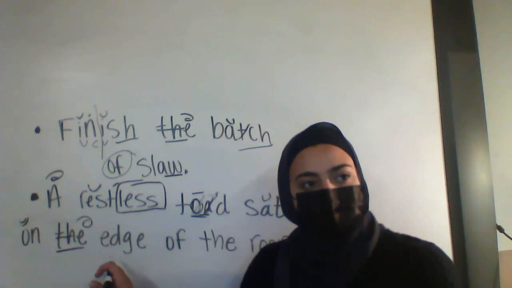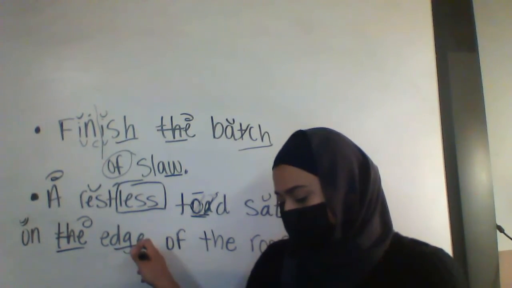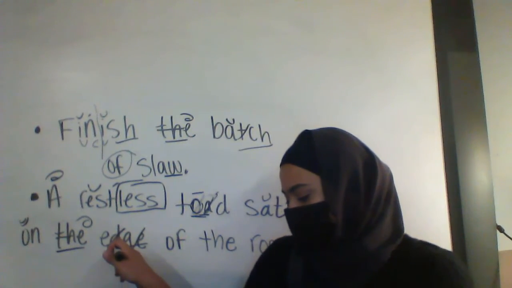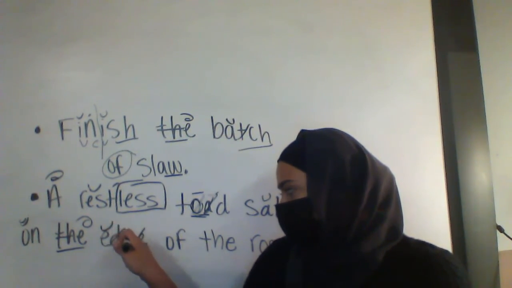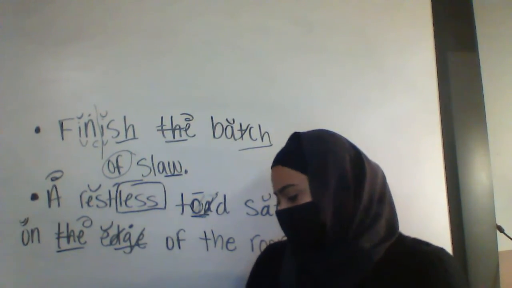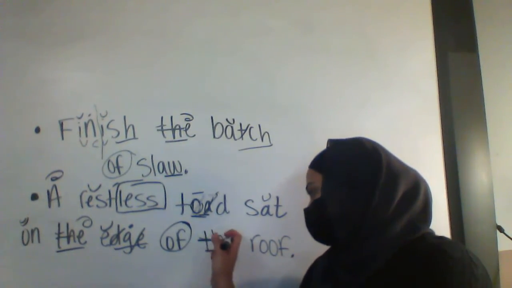That's fine. Try. D-G-E. And what do I do with the E? Breathe. And on the G, a dot because it makes the J sound. Very good. Of is a sight word. The, we probably memorized how to do that by now.